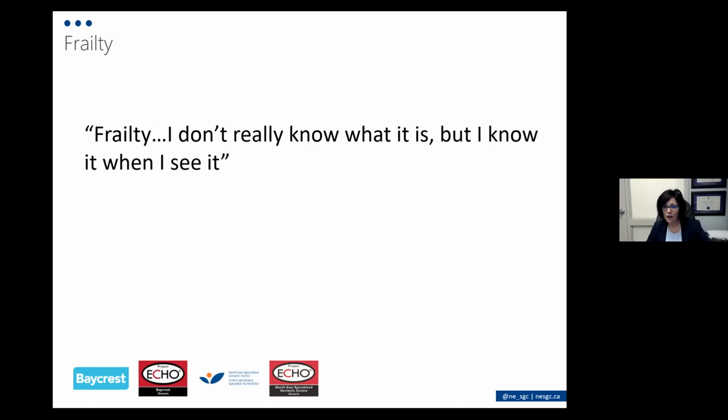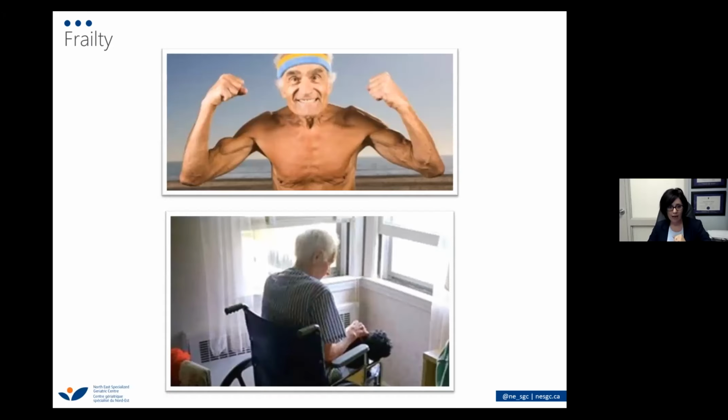So when we talk about frailty, why is it important? And many of us will say, I don't really know what it is, but I know it when I see it. And so these could very well have been the two different people in two different bays. You get a sense that the gentleman up top is vital. He has some muscles I can see. He's in the sun, probably a lot of vitamin D, maybe just went for a run on the beach.